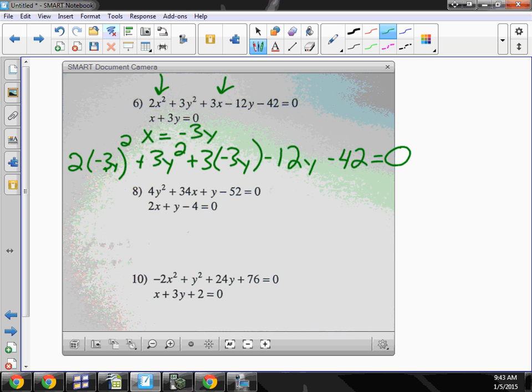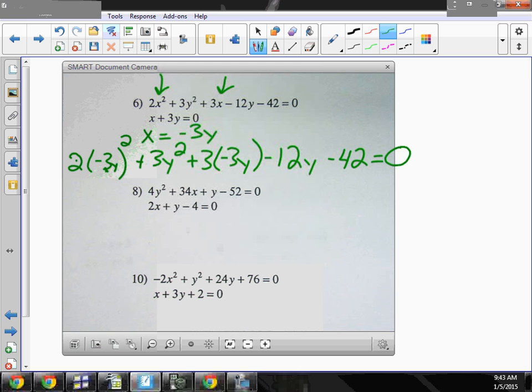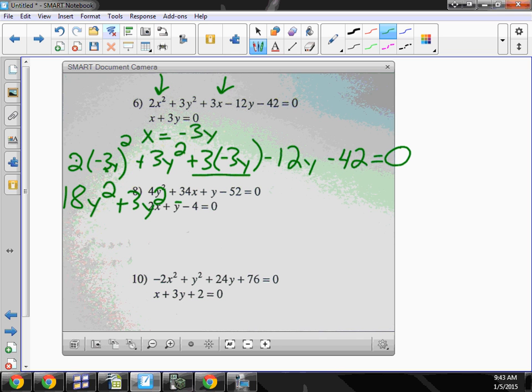It's 9y squared, and what's 9y squared times 2? 18y squared plus 3y squared. This is going to give me negative 9y. Did I mess that up somehow? No. Okay. Negative 9y.